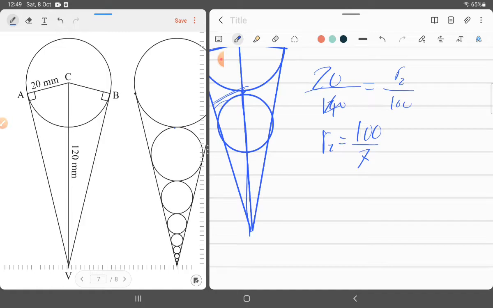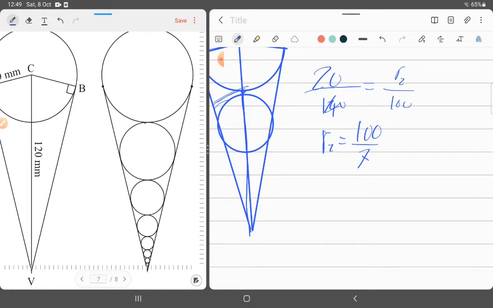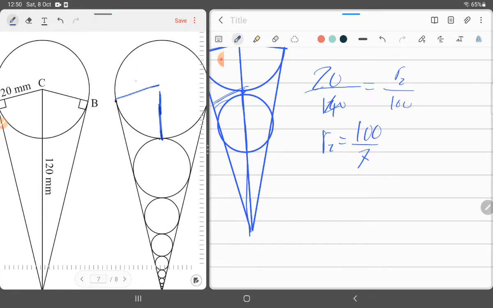Huh? Wait. No, what am I doing? Okay, so this. Wait, how did I get 100? That's definitely wrong because this is 20 and this whole length is 120. Then this length is 100, and this whole length is 100.